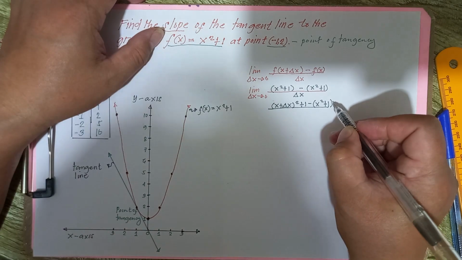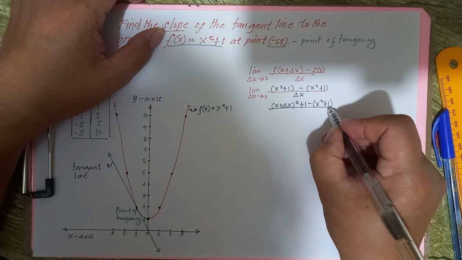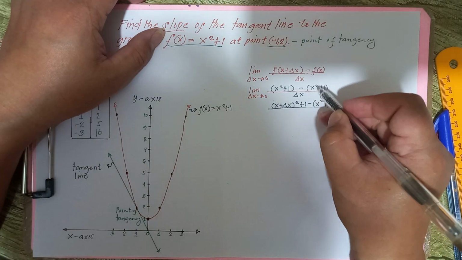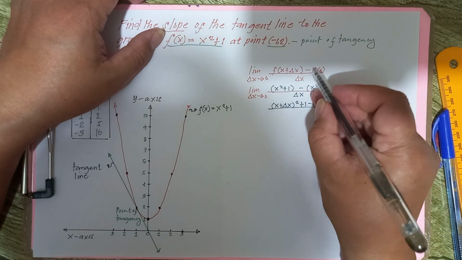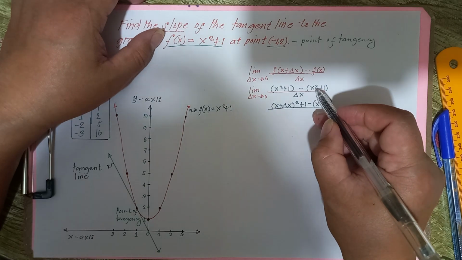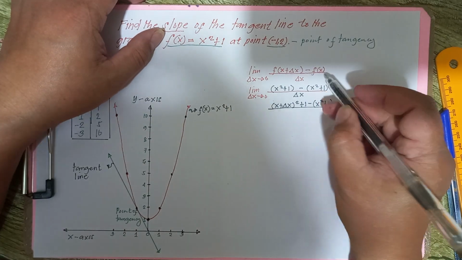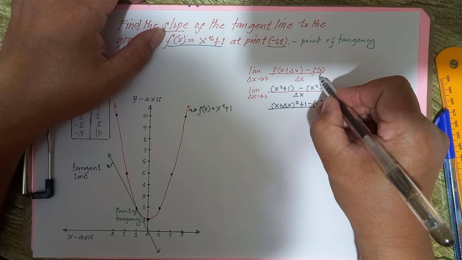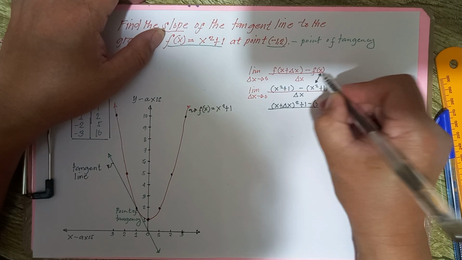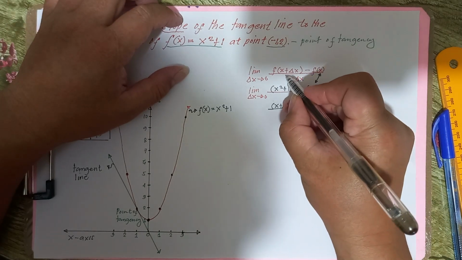You might be asking, why did it not change? Notice that, I repeat, the x in the second function in here is this one. The value of x raised to 2 in here is this x. Can I illustrate this one properly?